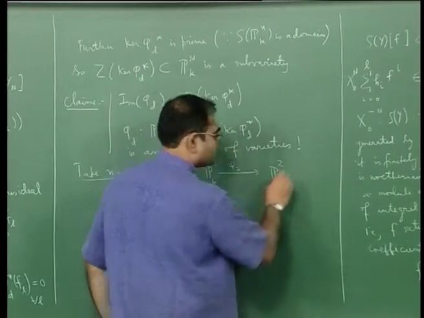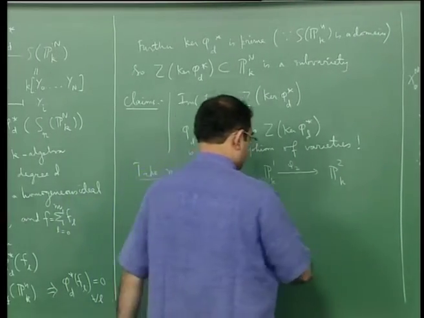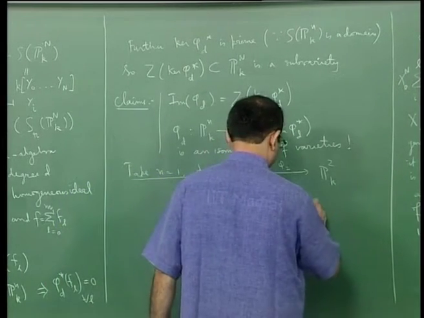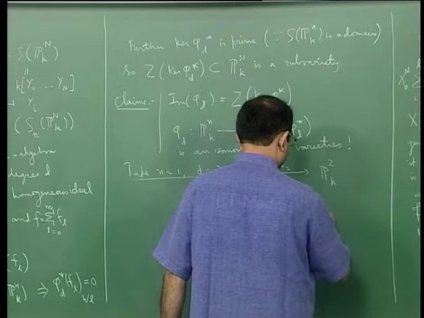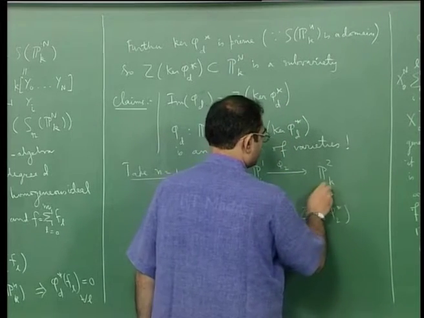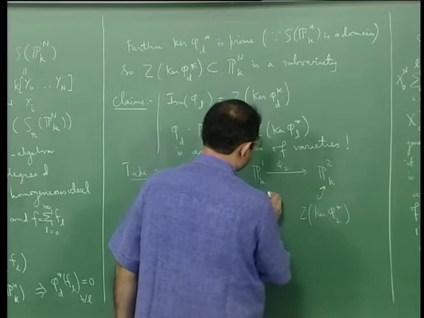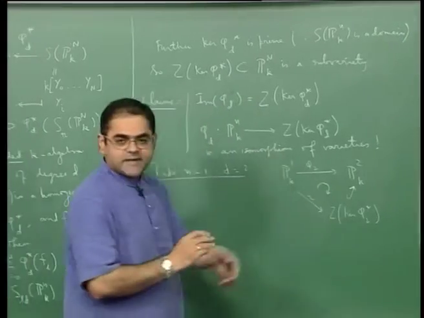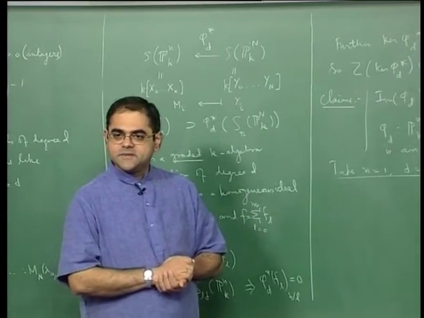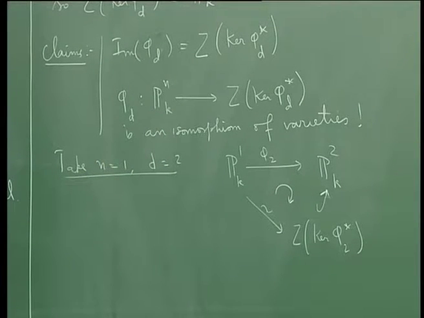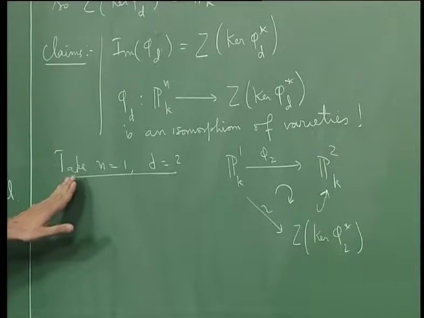So it is P1 inside P2, and I have the zero set of the kernel of phi 2 star inside this. I just want you to verify this for the case n equal to 1, d equal to 2, the simplest case. To verify it for the general case we will need further calculation, but there is a lesson to be learnt even in this simple case.